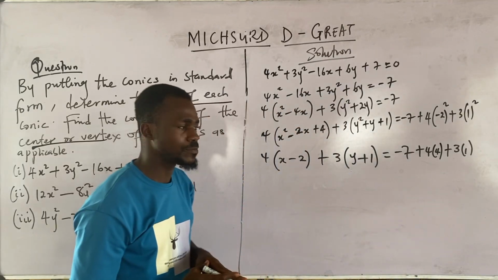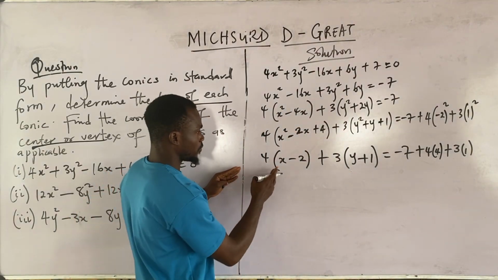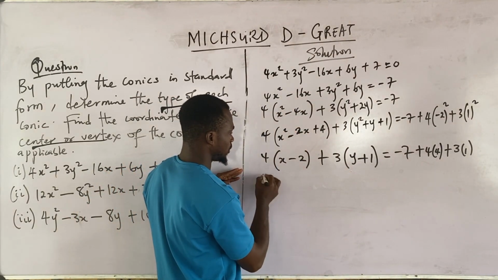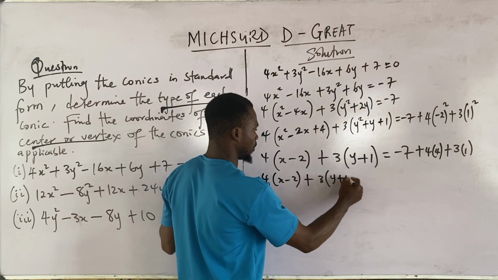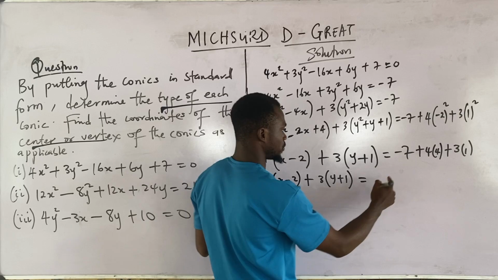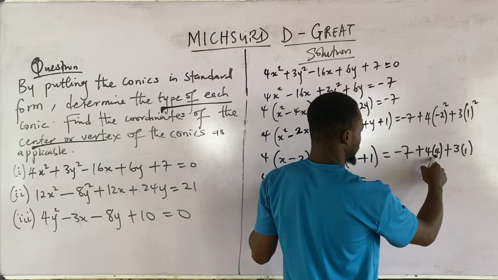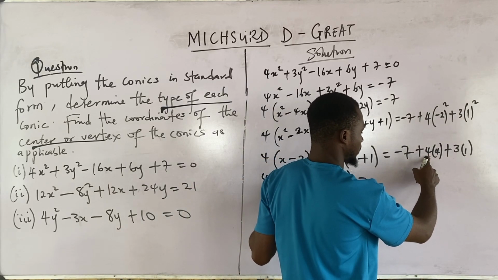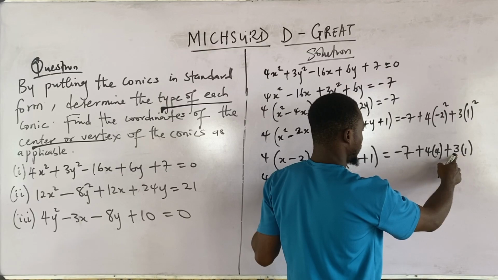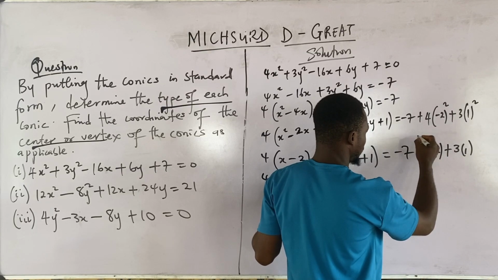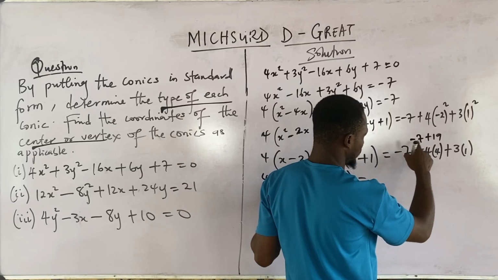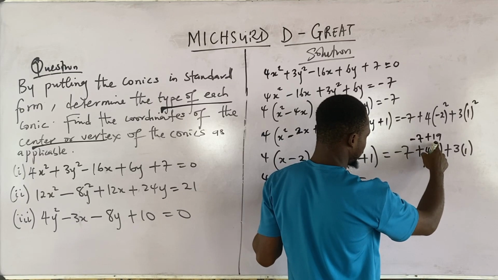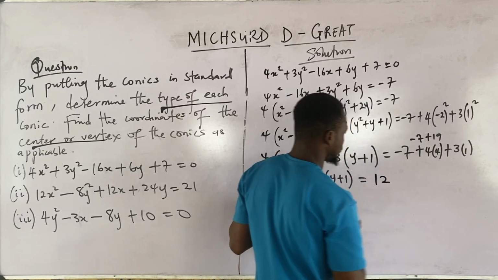So now you can see this is 4(x minus 2) squared plus 3(y plus 1) squared equal to, 4 times 4 is 16, 16 plus 3 is 19. So we have minus 7 plus 19, which gives us plus 12.